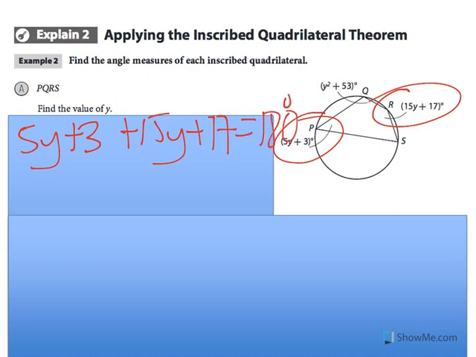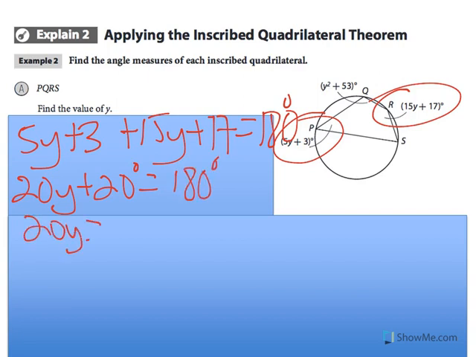Combining like terms, we have 20y plus 20 equal to 180. 20y equal to 160. To solve it, 160 divided by 20, so y is equal to 8.